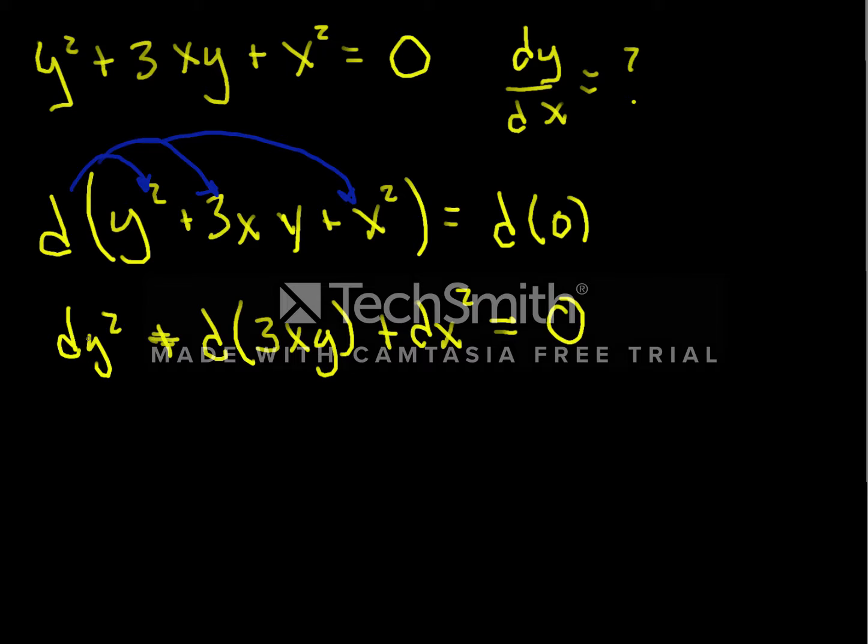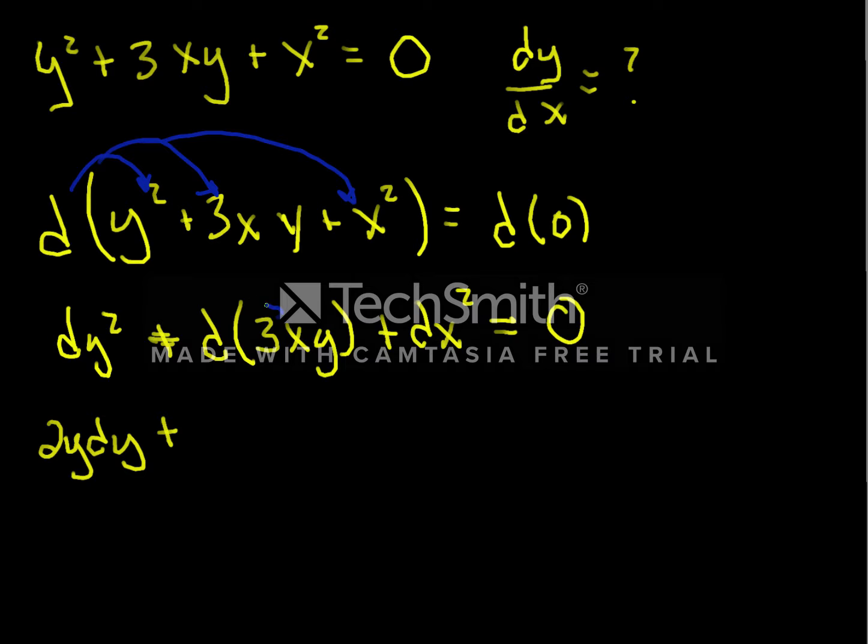Then we're not done. We don't have solely dy's and dx's. We've got a d of x squared, a d of 3xy, a d of y squared. So we follow our rules. The differential of y squared, we did that in the last problem, so that's 2y dy. Now here we've got the constant rule.